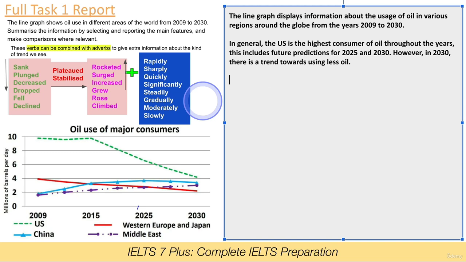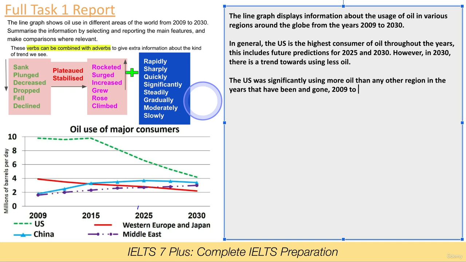Maybe we can open this up with the US actually and tie that in to save on words. So the US is or was the highest, or was significantly using more oil than any other region in the years that have been and gone, 2009 and 2015.